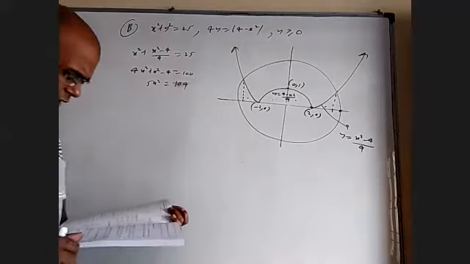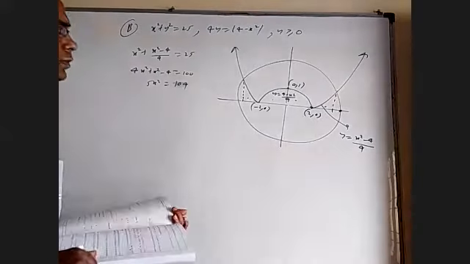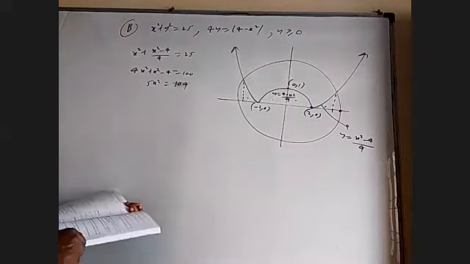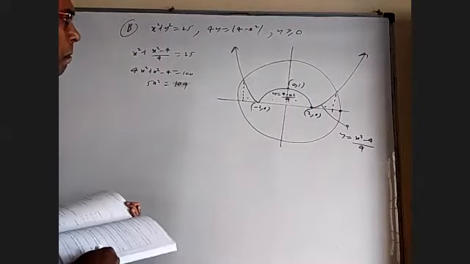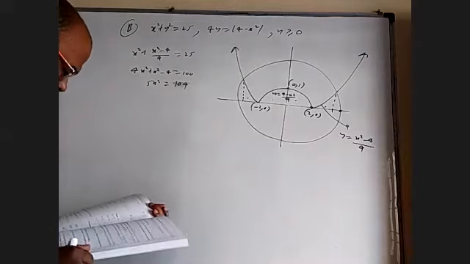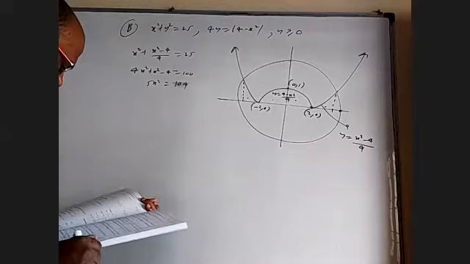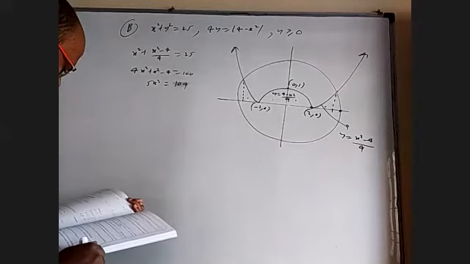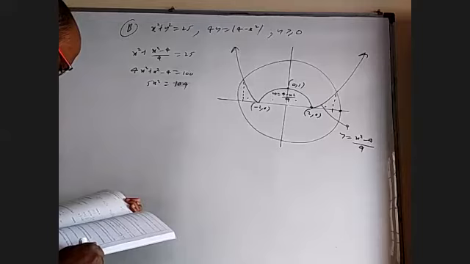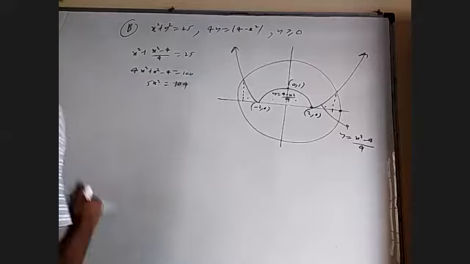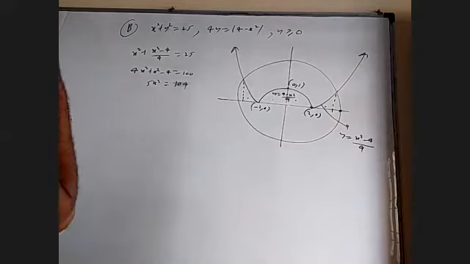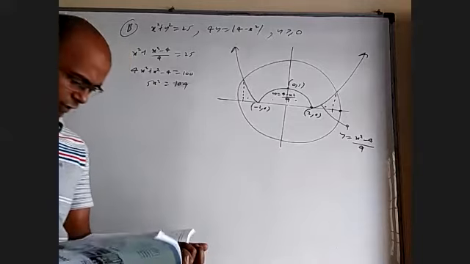In the options nowhere do I have root 5 and all. So what is the problem? Okay, I did not like the x value here, otherwise things are fine.